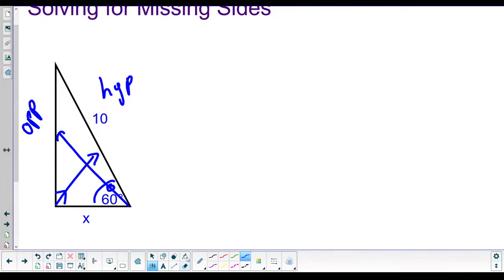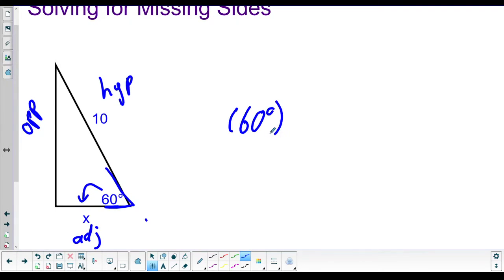And then the side that helps make this angle is the adjacent side. Okay, so we need to use the angle, 60 degrees, and then we need to find the trig function that uses the information we know and the information we're looking for.